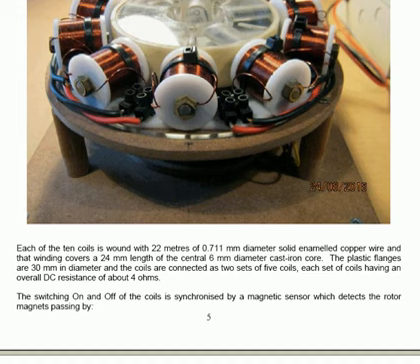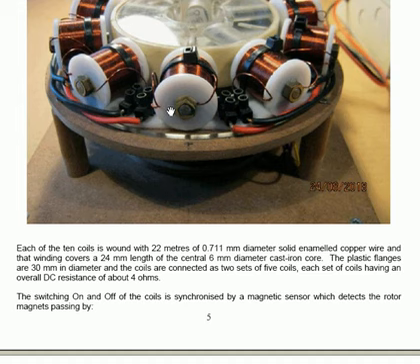The plastic flanges, these are the white plastic flanges here at each end of the coil, which keeps the wire in position. They're 30 millimeters in diameter, and the coils are connected as 2 sets of 5 coils each set of coils having an overall DC resistance of about 4 ohms.